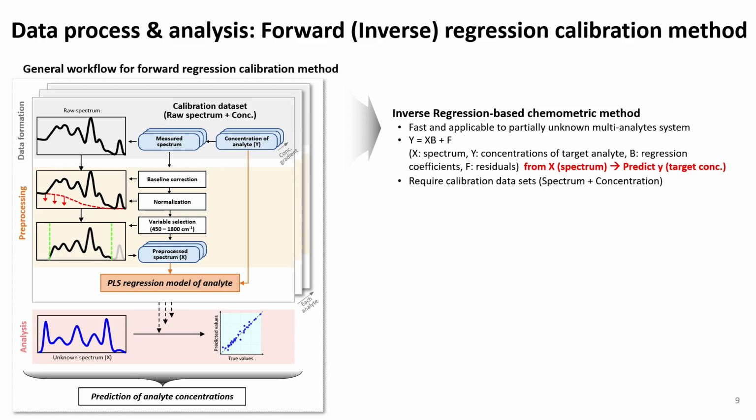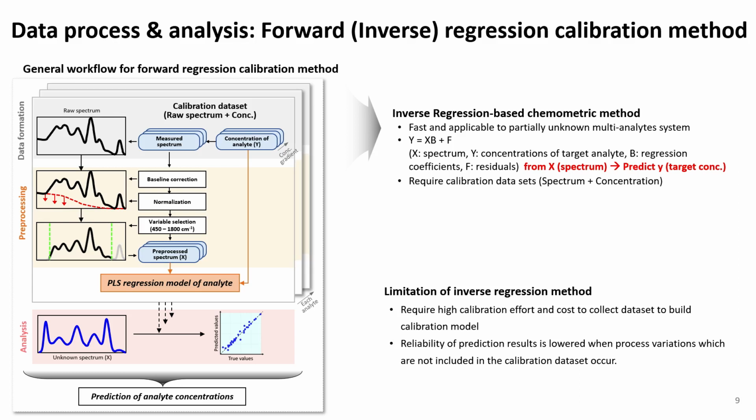It is a fast and practical method that can be applied even when only some components in the sample are known. However, this method requires high effort and cost to collect a data set to build a calibration model, and also the reliability of the prediction result is lower when process variations which are not included in the calibration data set occur.